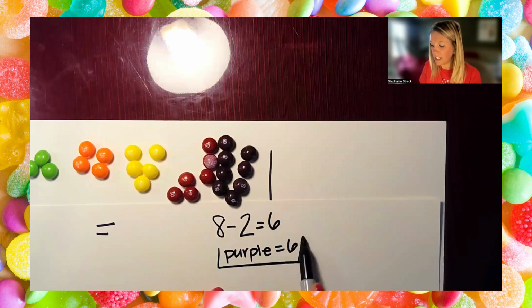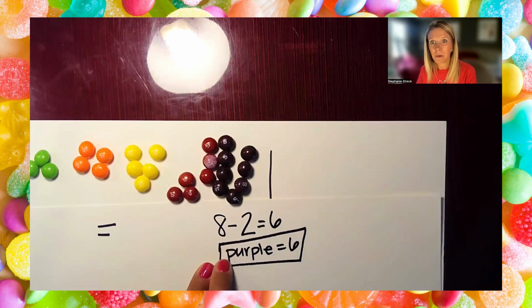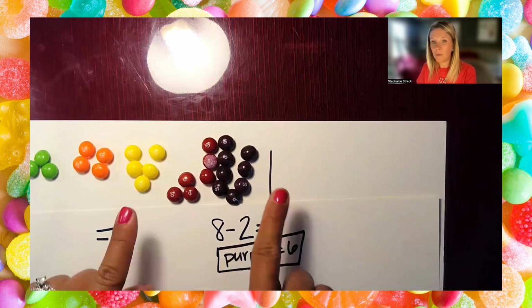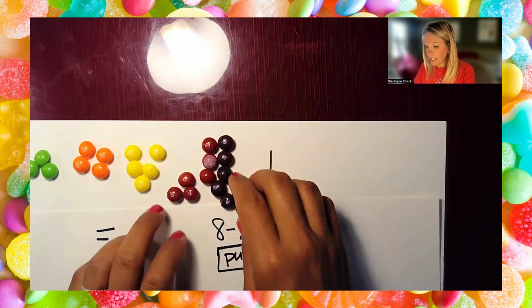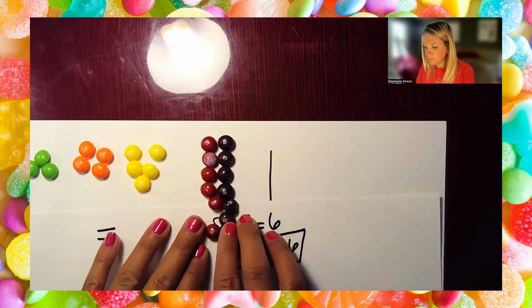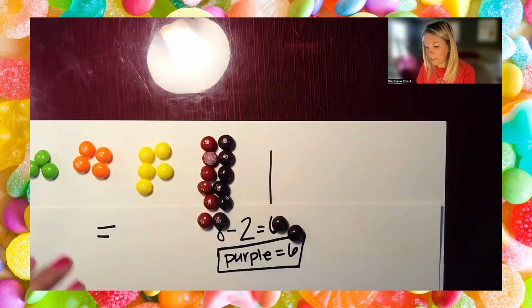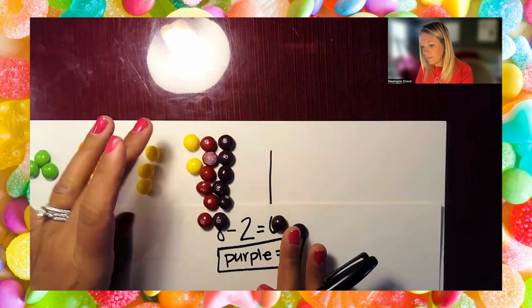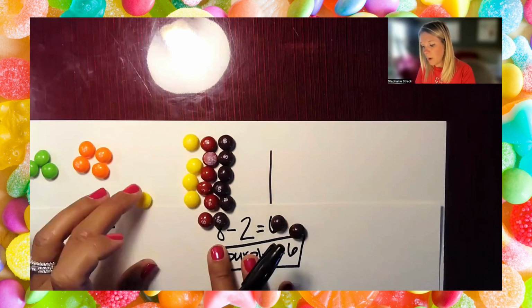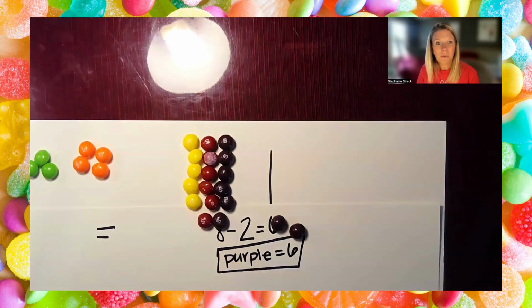And just by writing down, by annotating in this way, you're helping your child to think about algebra. They're thinking that this letter P or this word purple is actually representing our answer, right? We'll have 6 purple left. That will make them equal. Well, if we want to have 6 of each of these, and now we want to make them equal to what we have for yellows, how many would we have to eat?